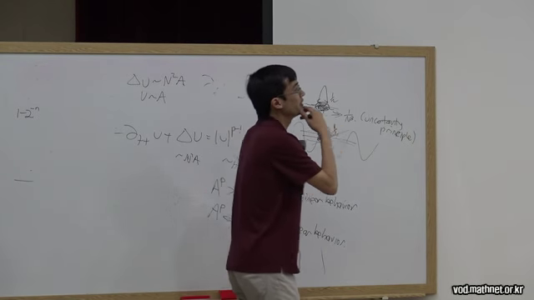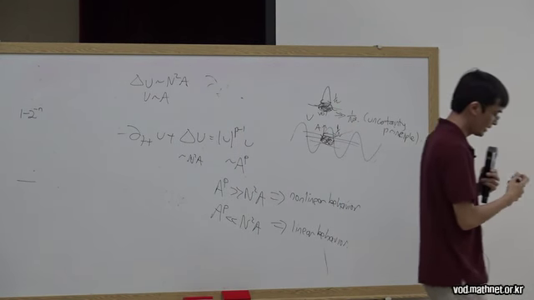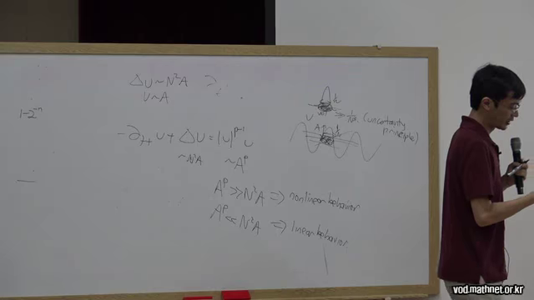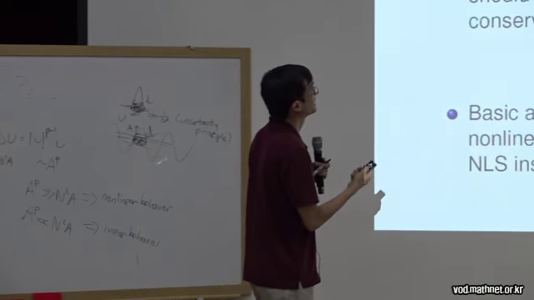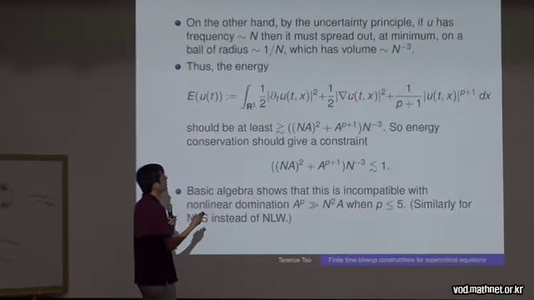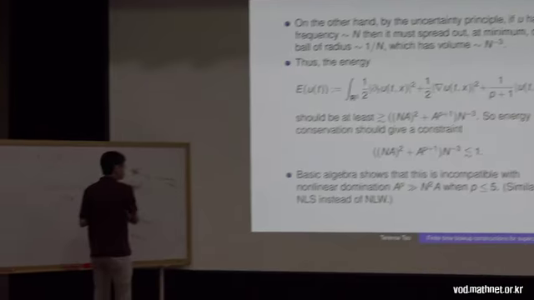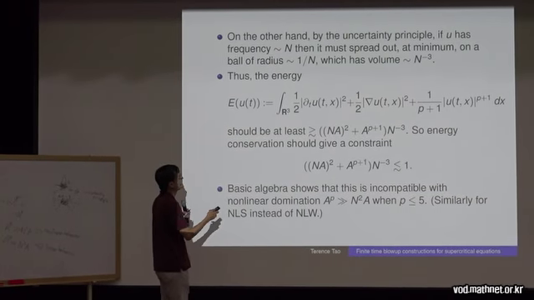So you can use this to understand the energy. Remember, the conserved energy here has a kinetic energy component, a surface tension component, and a potential energy component. Using these heuristics, you can start understanding how big this energy is.